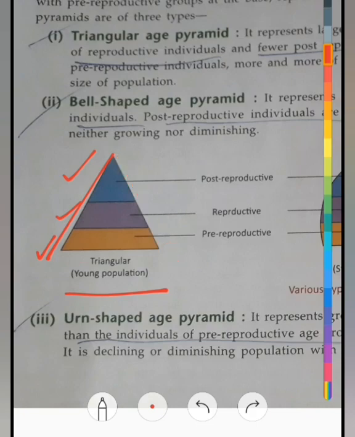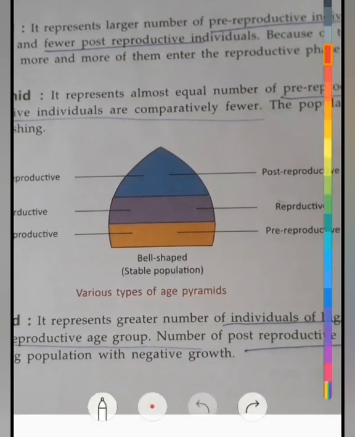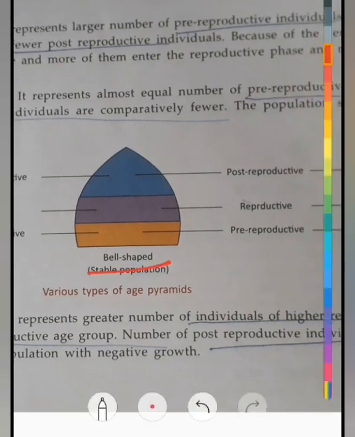Moving on to the next one, it is a bell-shaped pyramid, where again the pre-reproductive age group is the largest, and the number of individuals in the reproductive age group is almost similar to it.